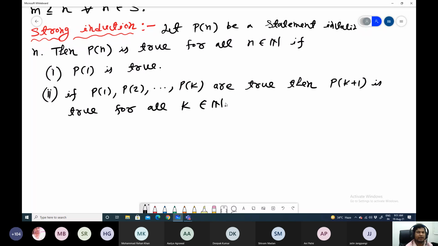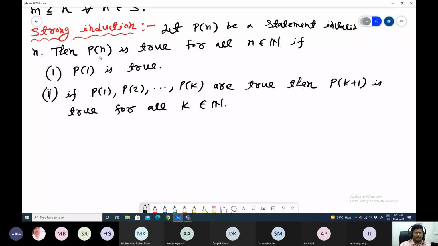That means we are assuming that P1 is true, and we are assuming that P1, P2, P3 up to Pk are all true. If all are true, then Pk plus 1 is true. If these two conditions hold, then we say that Pn is true for all n. And this is called strong induction.